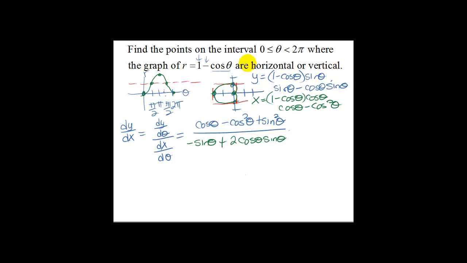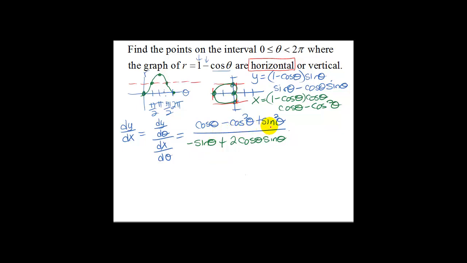First we're interested in where the tangent is horizontal, so where the slope is 0. That would be when our change in y with respect to theta was 0, so that our numerator was 0, but our denominator was not also 0 at the same time, because then we'd have an indeterminate thing and we'd not be sure. So let's set this numerator equal to 0 and find the values where that would be the case.